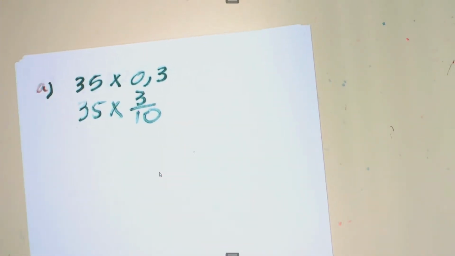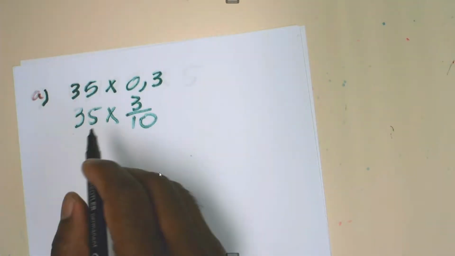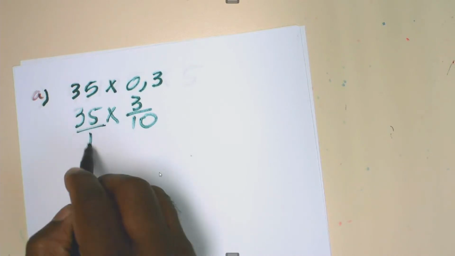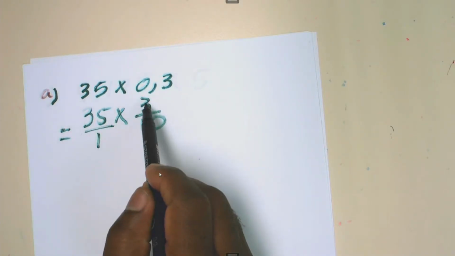Is that not so? We have 35 multiplied by 3 tenths, which will be the same as we will just say 35 once multiplied by 3 tenths, which is 35 by 3.